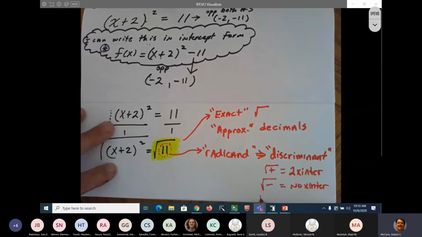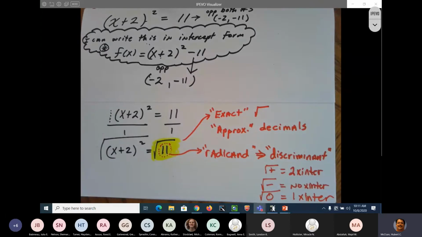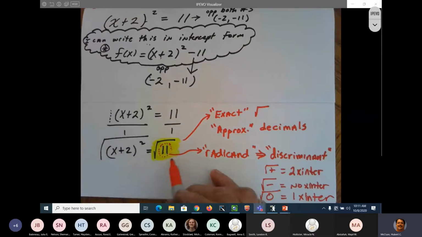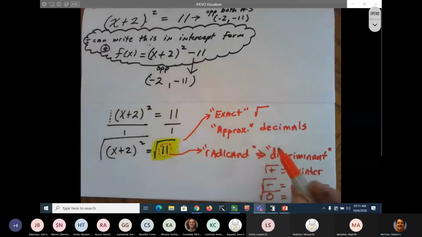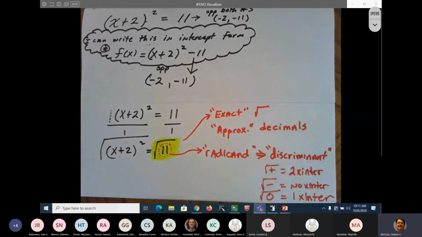And if you have the square root of 0, you have 1 x-intercept, meaning it sits on the x-axis. So when you take the square root of both sides right here, this guy right here tells you a lot. So make sure you make these notes about that square root of some number when you do this.